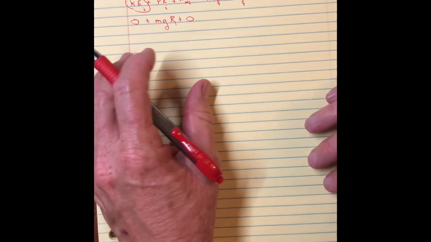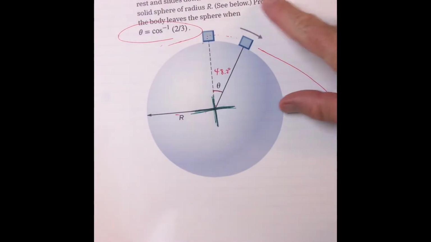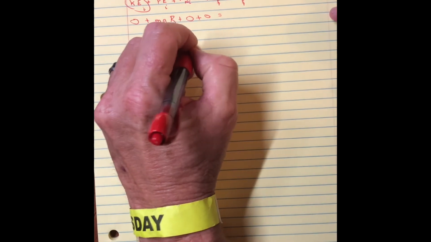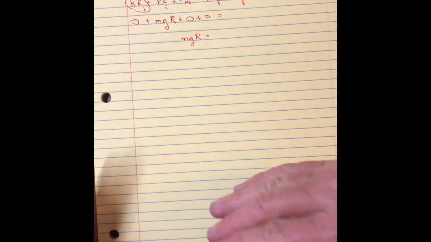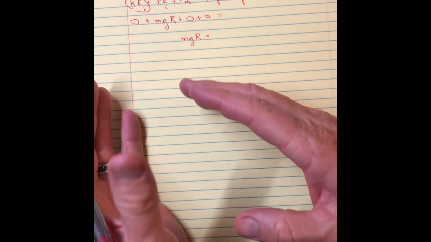But I wanted to illustrate to you guys that I am thinking about it, and it's just 0. And of course, the work done by our non-conservative force, since they use the phrase frictionless, would be 0. Simply put, the starting point has only one type of energy, gravitational potential energy, and it's at a height R. So that's the left-hand side of the equation. That's the energy we start with.